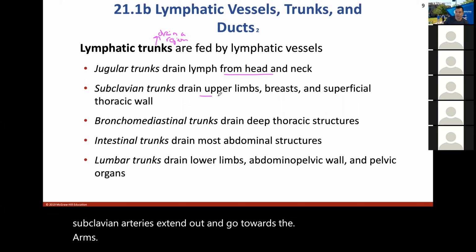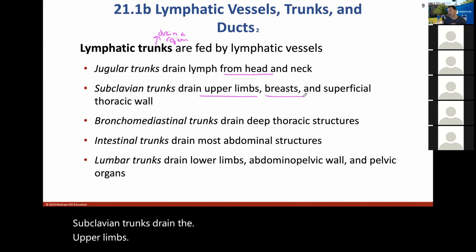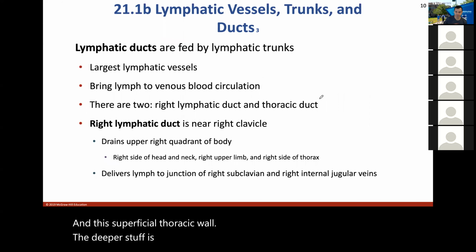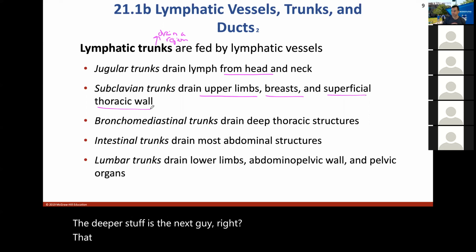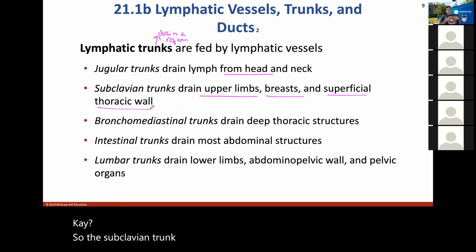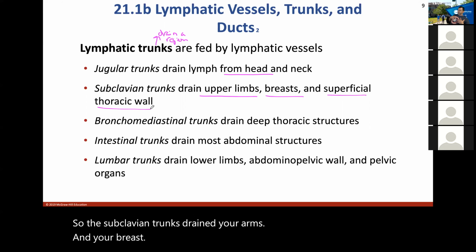Subclavian trunks drain the upper limbs, the breast, which is important, and the superficial thoracic wall. Okay, the deeper stuff is the next guy. So the subclavian trunks drain your arms and your breast. It's that axillary tail that feeds into that subclavian trunk right there.